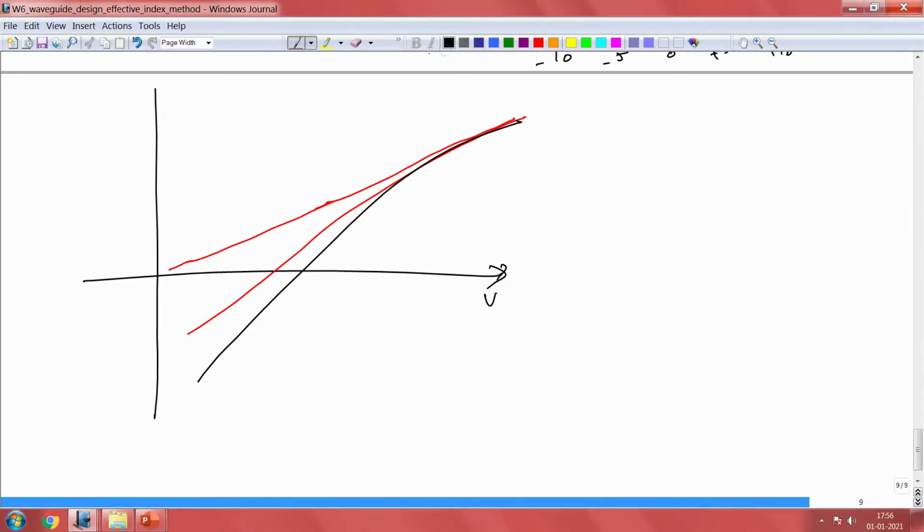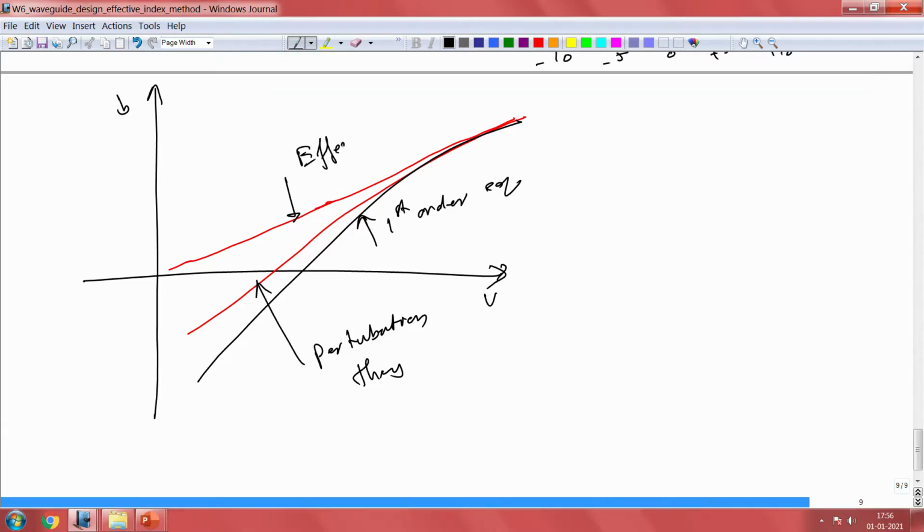So, this is your B, and this is our first order equation that we had, and this is our perturbation theory, and this is our effective index method.